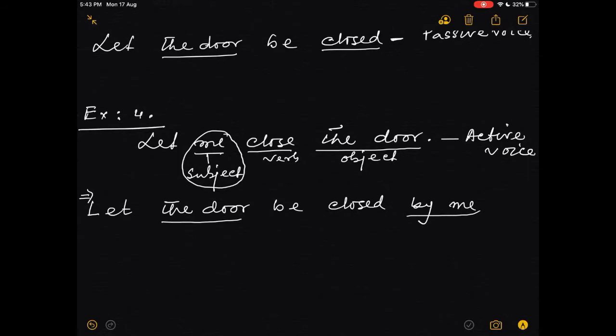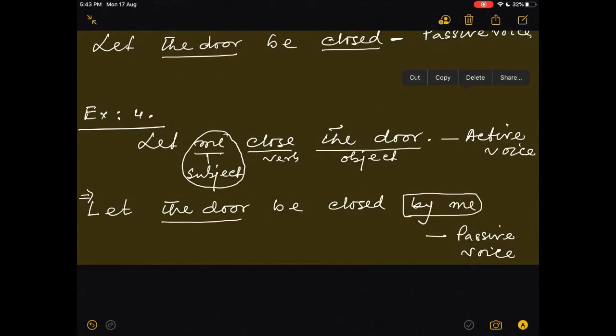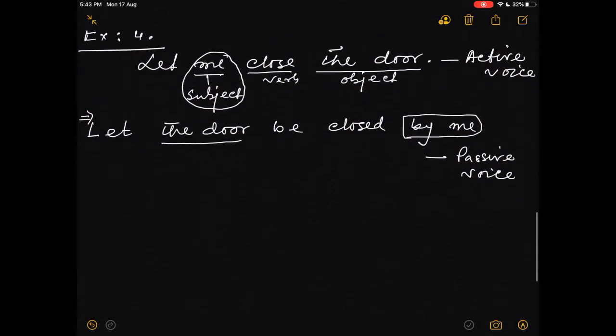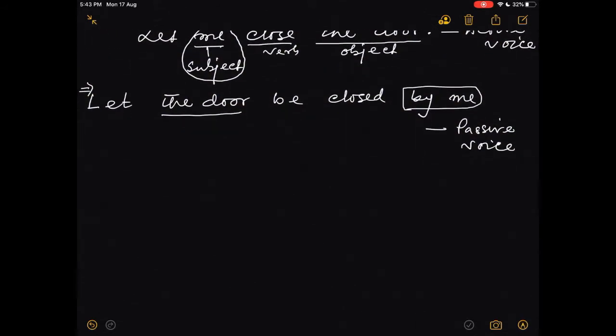This is the new thing, extra thing here. So it is the passive voice. So this is the passive voice of the first type.